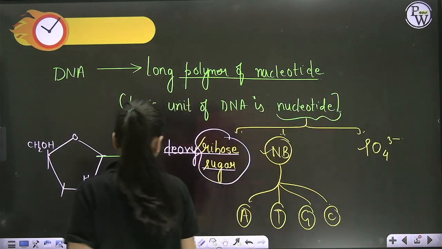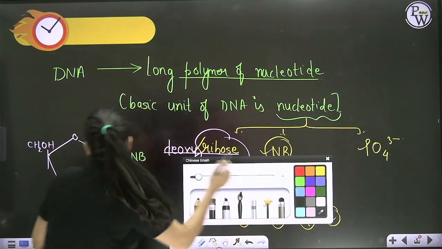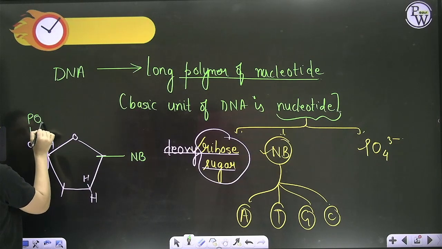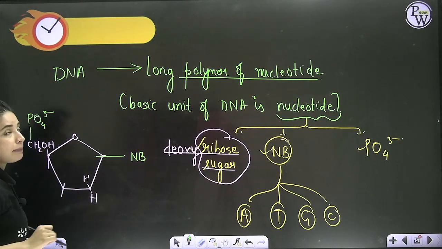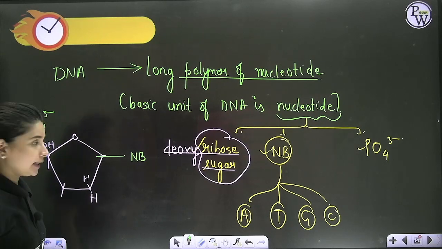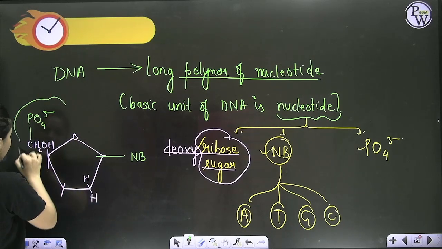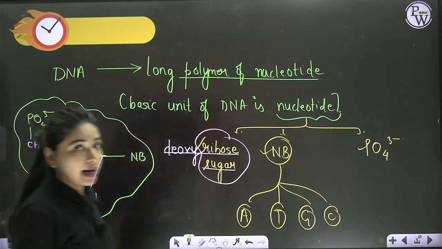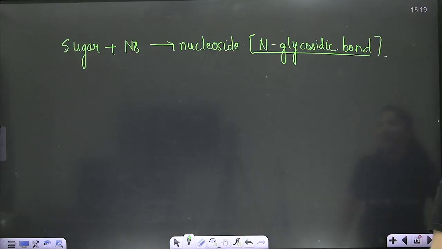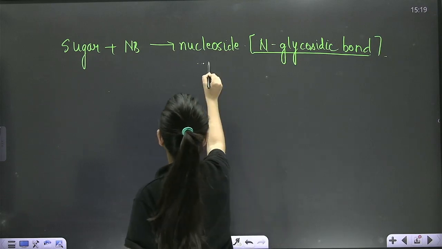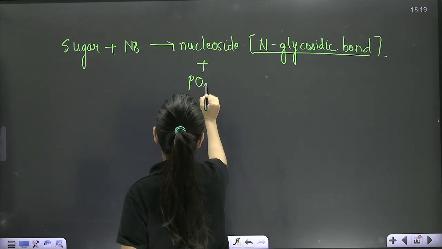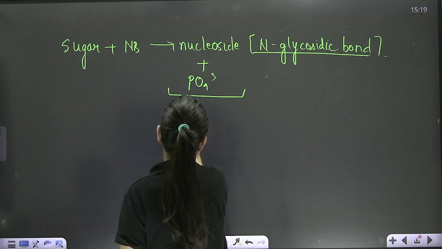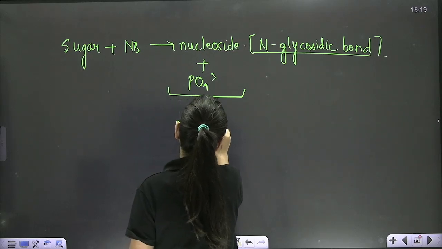Now see over here. To the fifth carbon, beta, the third component attaches, which is nothing but phosphate. And now this is the entire nucleotide, right? So when you attach the phosphate group to this nucleoside, you make a nucleotide.